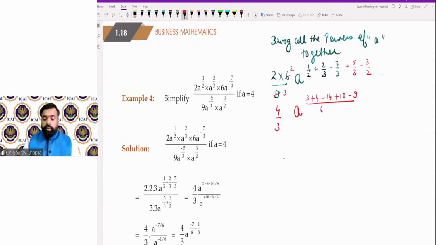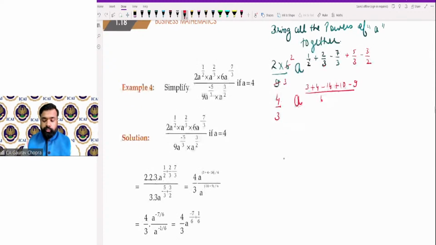Now let us simplify. 3 plus 4, 7 minus 14 is negative 7. Negative 7 plus 10 is positive 3. And 3 minus 9 becomes negative 6. So 4 by 3, a to the power of negative 6 upon 6.